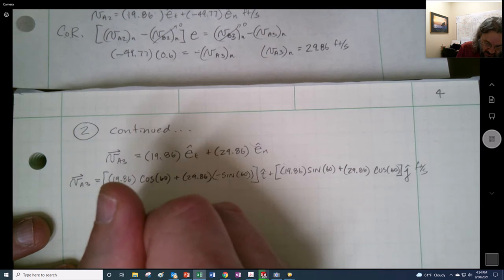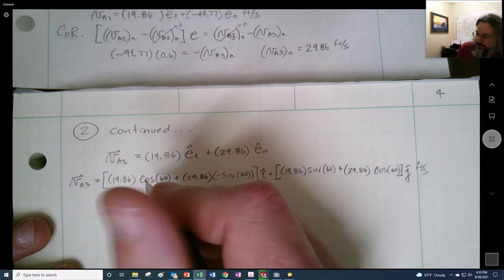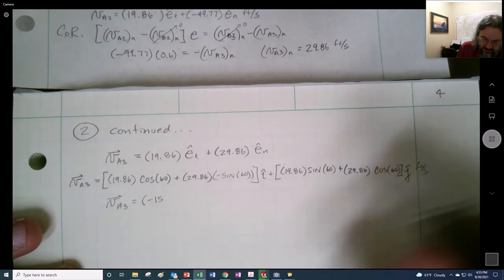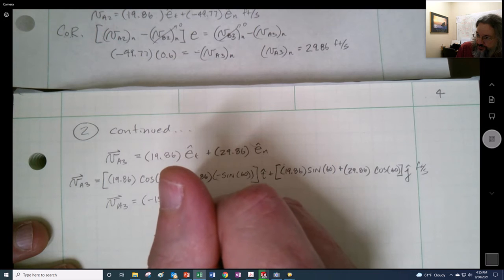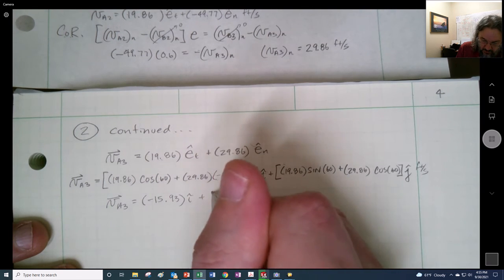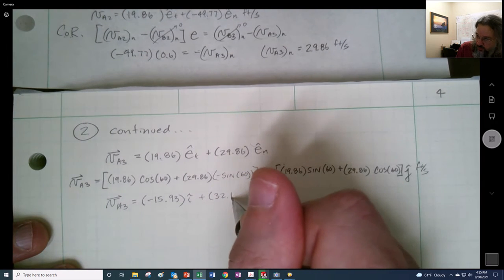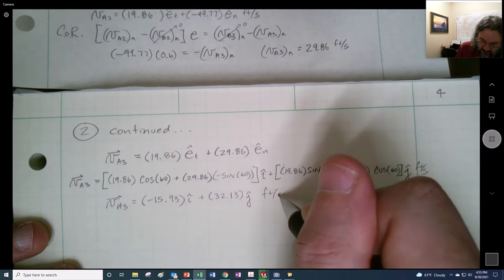So VA3 is going to be in the x direction. It's going to be negative. So it is going that way. 15.93 I plus 32.13 J feet per second.